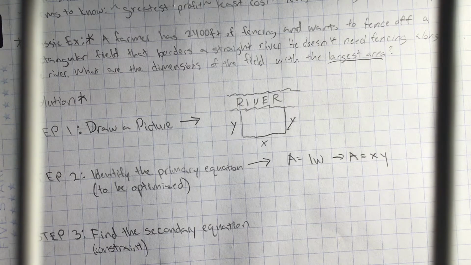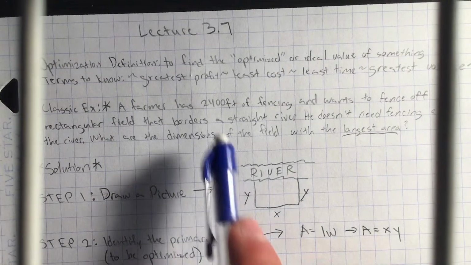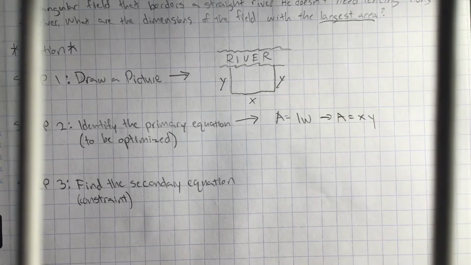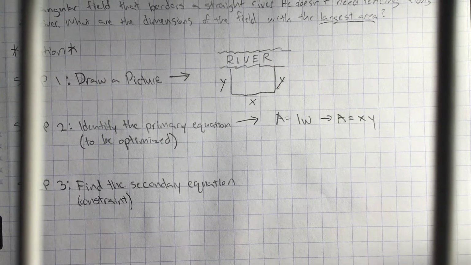And if you look in the problem right here, 2,400 feet of fencing, that is our limit, and that limit is perimeter. That's all that we can use. So the length of the fence is perimeter.